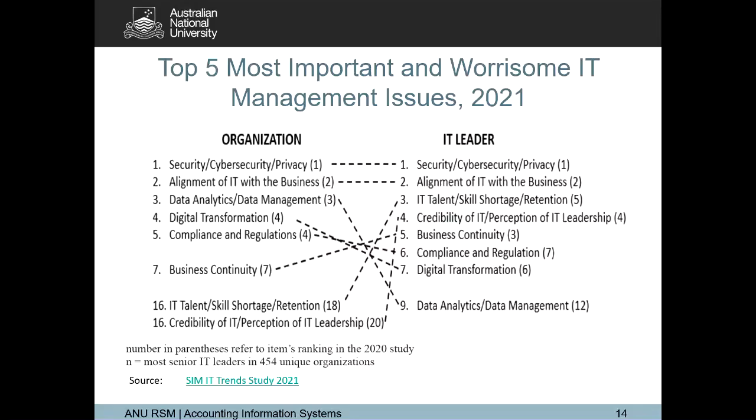But then organizations rank data analytics and data management third. Yeah. So talent is not even there. So in this case, while organizations place importance on data analytics, I think the IT function is struggling. They are struggling with building that capacity and capability for the organization.